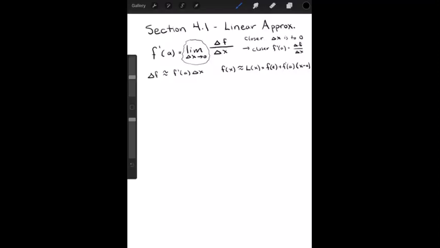So again, both of these are if x is close to a, which is the same thing as delta x close to 0.